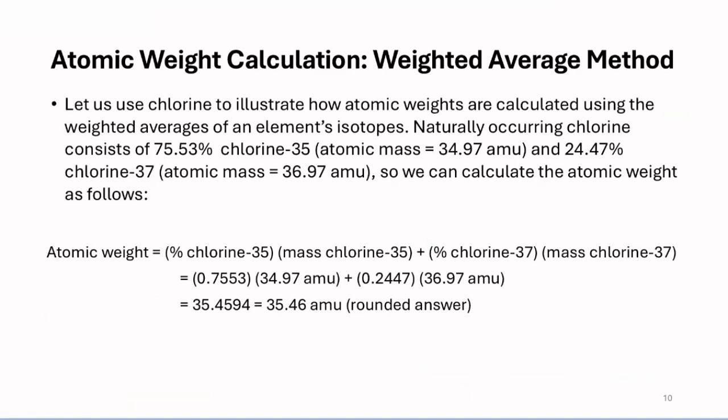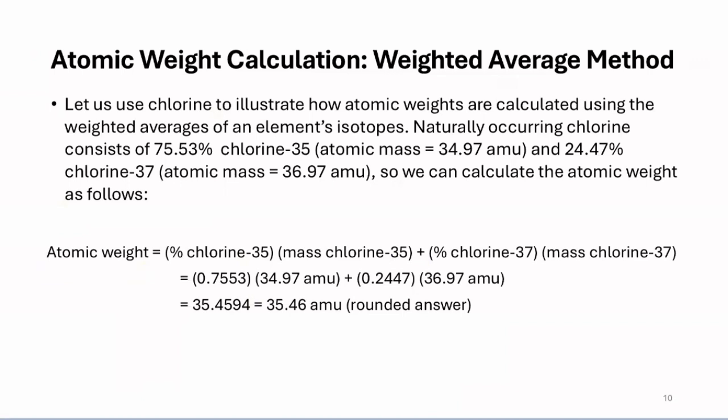In the weighted average method, the mass of the isotope and its percent abundance are utilized in order to calculate the atomic weight for that particular atom.